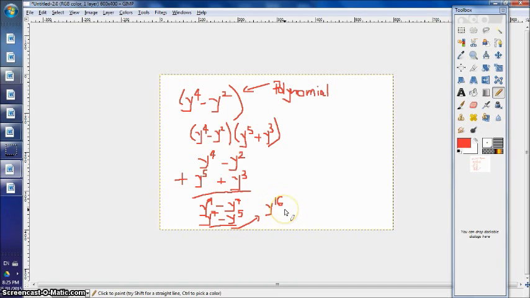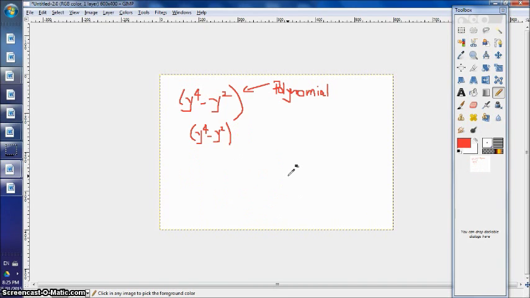So my final answer, I'm going to bring it over here, is 9 plus 7, y raised to 16, minus 7 plus 5 is y raised to 12. So this is the product that I get when I multiply these two expressions.